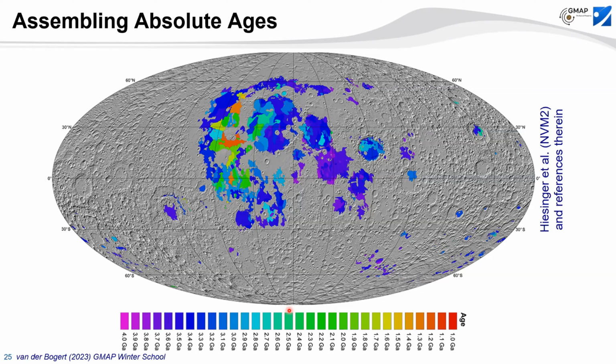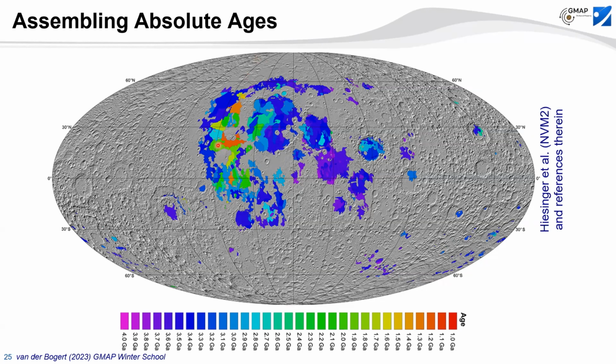You can now figure out ages for your geologic units across the entire moon, and come up with an idea of when and how much, and you can get a big picture of, in this case, the evolution of Mare basalt volcanism through time on the moon.